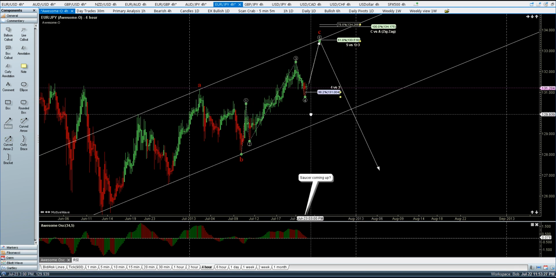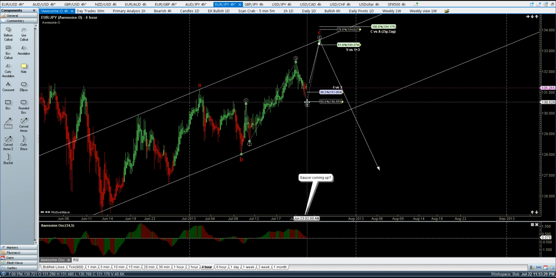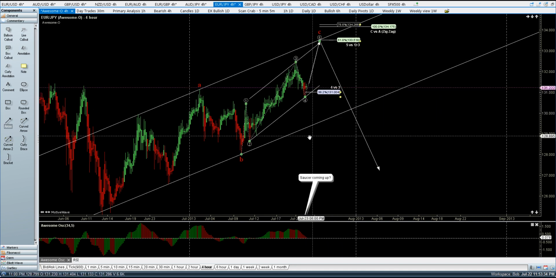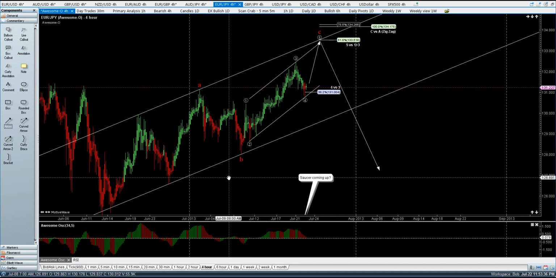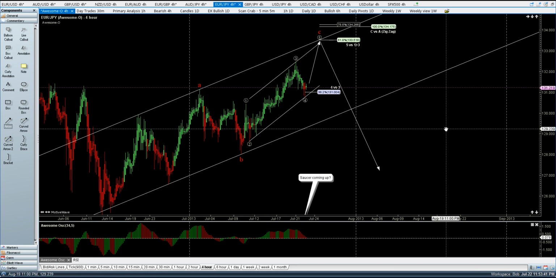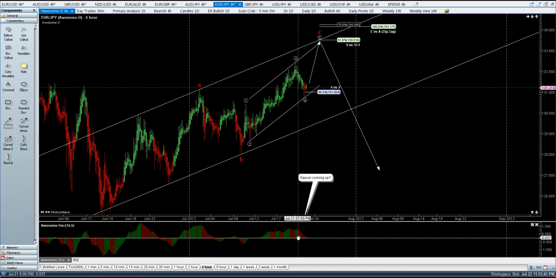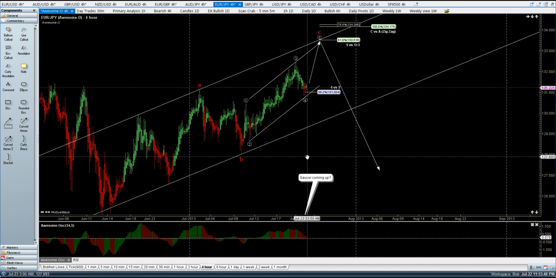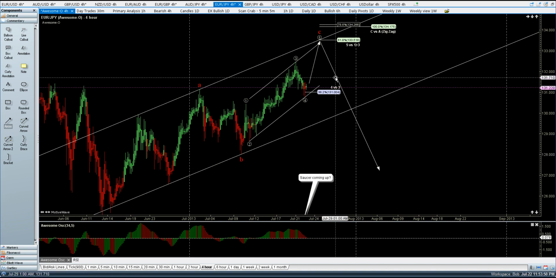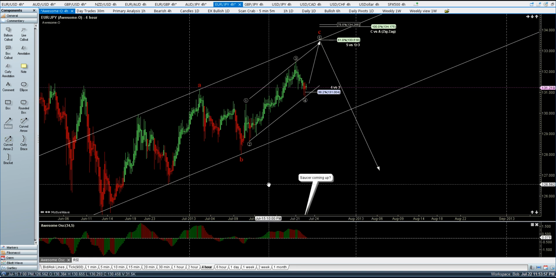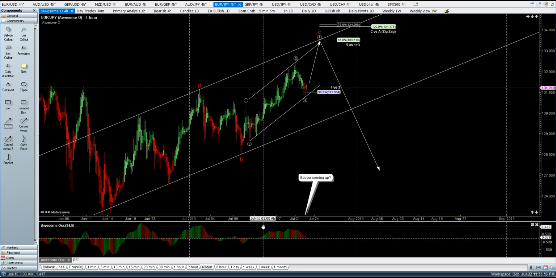Wave 4 came in pretty nicely at the 382. Top of the channel for the Elliott wave channel comes in right up there, so that's kind of sweet. Depending on the entry, I should say, if we do get the saucer, it may be worth a trade up to the top of that channel.